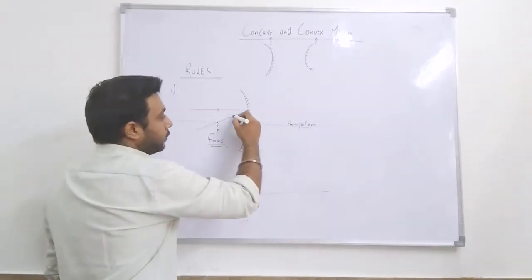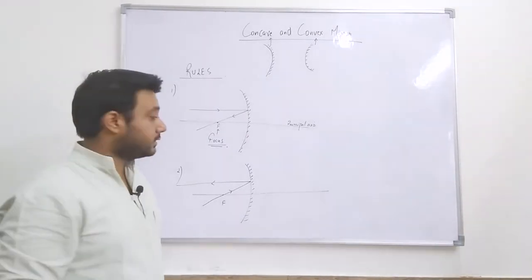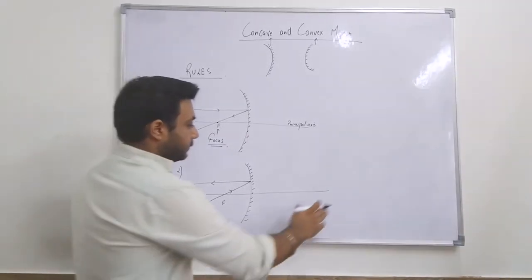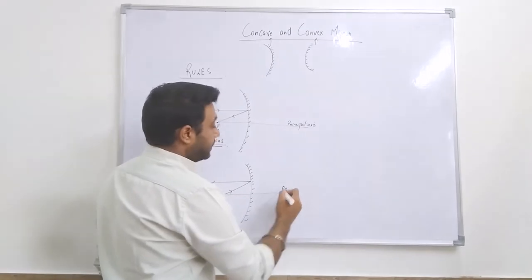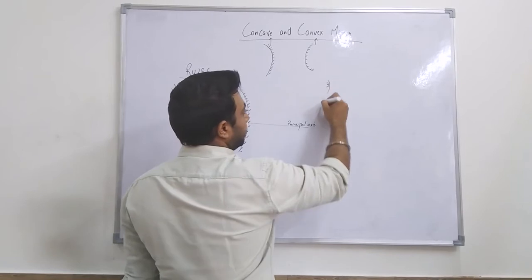Remember, you have to show arrows every time. Okay, you have to show arrows every time. This was the principal axis. There are 4 rules.